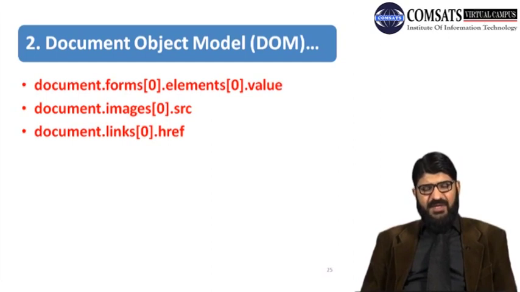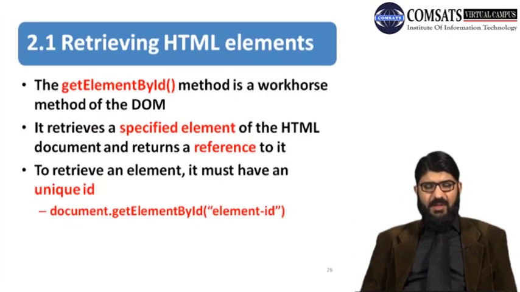Similarly, a document image can be accessed, and similarly a document link can be accessed. Now, how to retrieve the HTML elements? By using the getElementById method, it is easy to retrieve the HTML element.